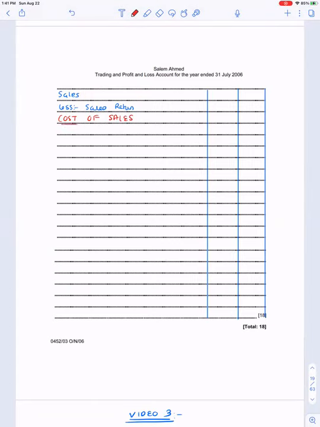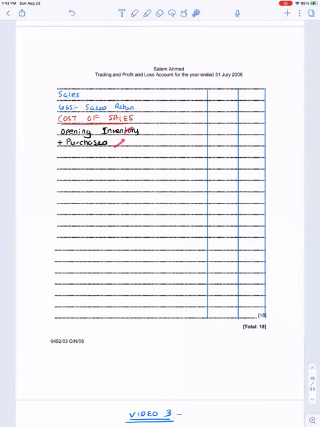First, you have the opening inventory. Next, you have the purchases, and you have a lot of adjustments in the purchases. And then you have the closing inventory.